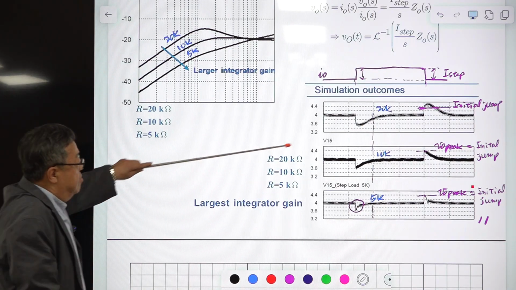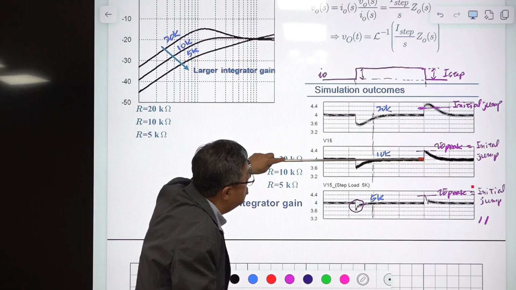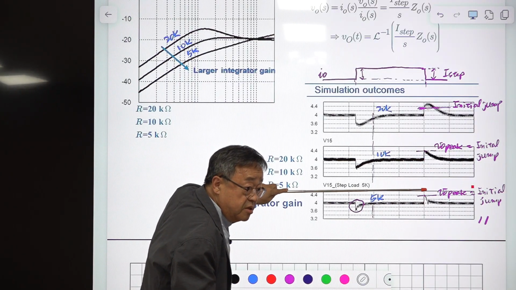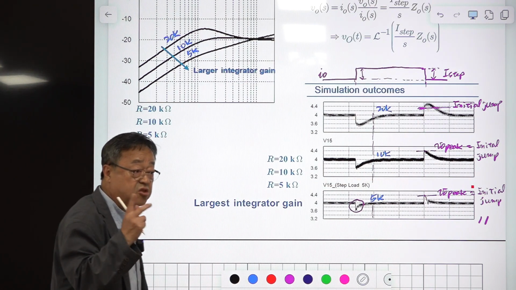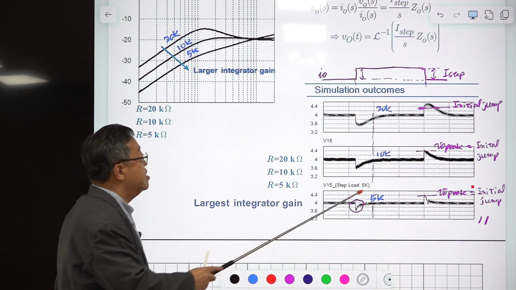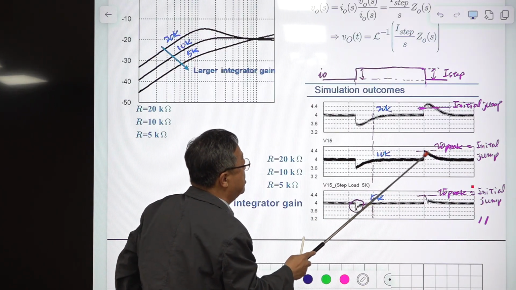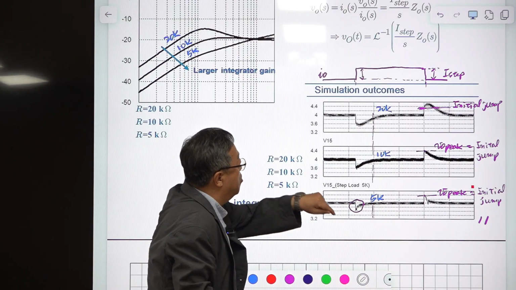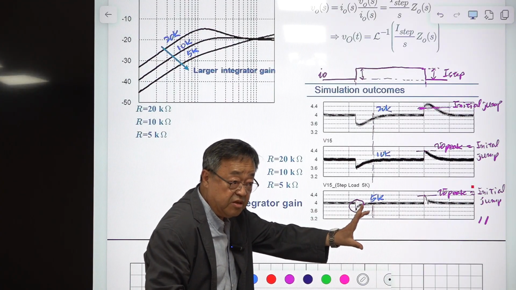And you can see there is a jump here. So this sudden jump here, okay? You know how to predict this. I think I explained at least once, more than once, okay? This is called initial jump, and the size of initial jump is final value of output impedance times size of the step change, okay?